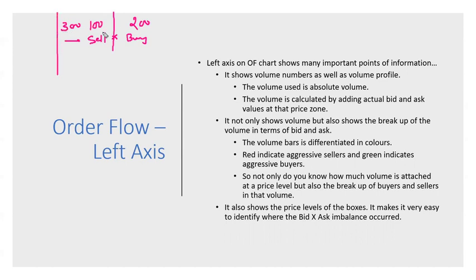That is the actual or absolute volume. And the left axis on an order flow chart will plot this absolute volume. We know that it is just calculated by adding the bid and ask values at that particular price zone or box.